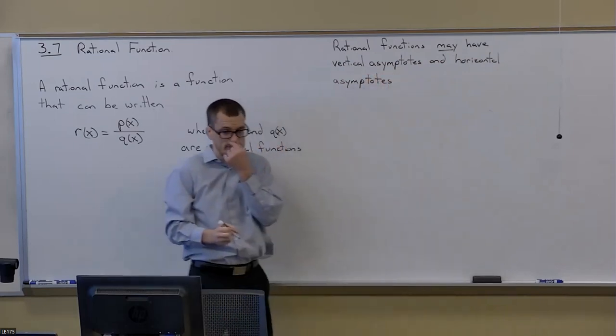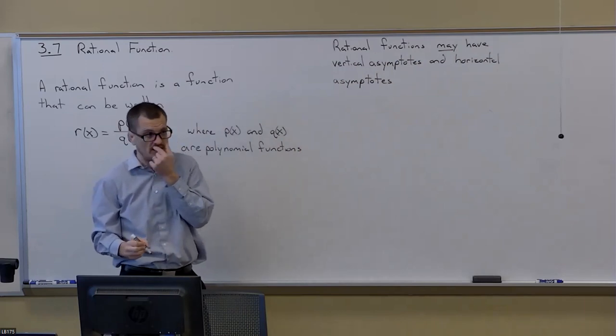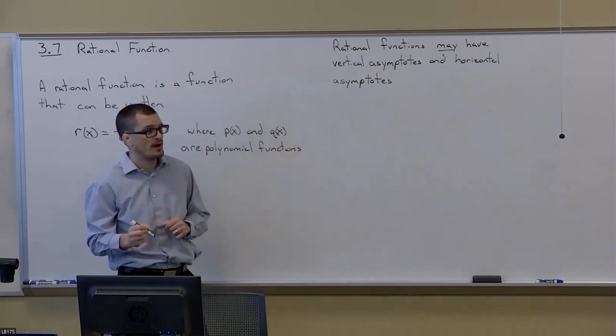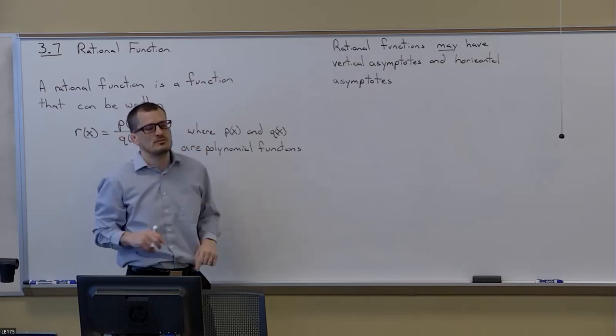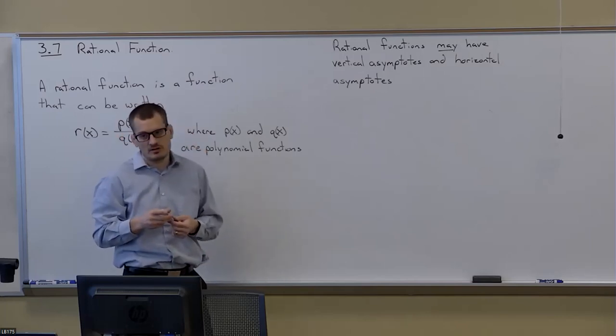And obviously they might not have either, or they might have both. We saw one that didn't have a horizontal asymptote. There are ones that may not have a vertical asymptote either.